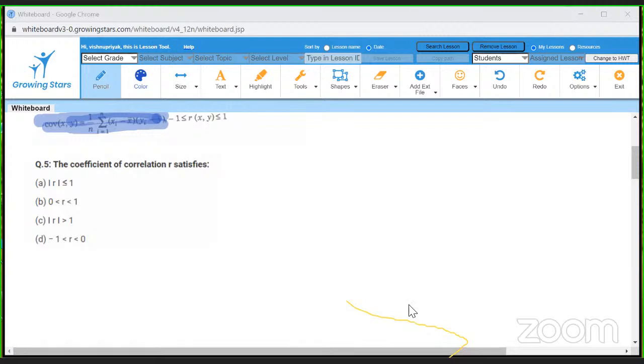Got one answer, Vidya said A. Yes, here itself you can see R will always be between -1 and 1.